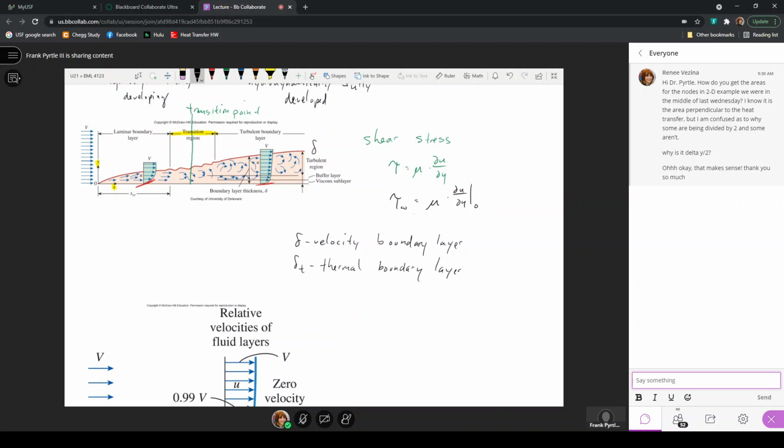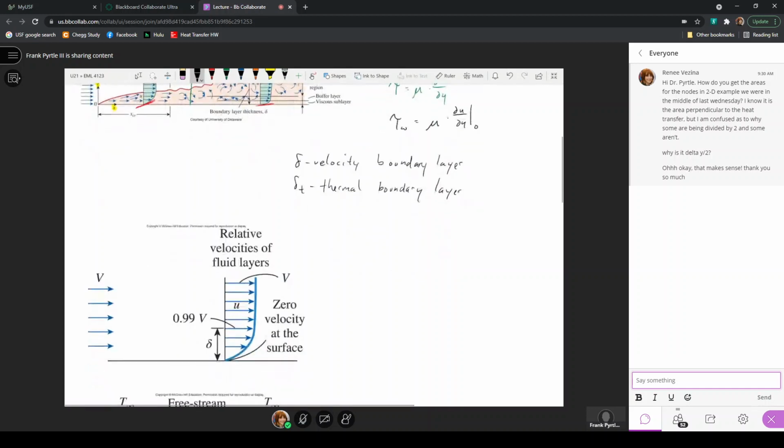Inside the velocity boundary layer is where we have all of the variation of the velocity in the fluid, because outside of it the velocity is everywhere V, the free stream velocity. And this line is defined where the velocity in the fluid, u, becomes 99% of the free stream velocity.